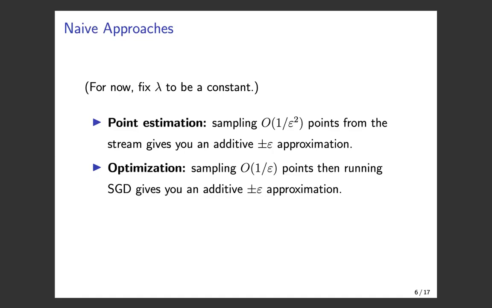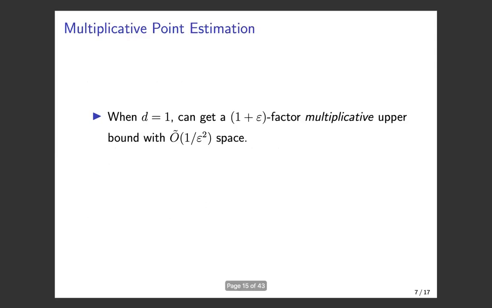In this case, that means that the function value of the parameters found this way is within epsilon of the optimal value of the function for the optimal parameters. Okay, and so for each of these, the space usage is d/epsilon² and d/epsilon respectively. Okay, so you should think of these as the baselines that we're trying to beat.